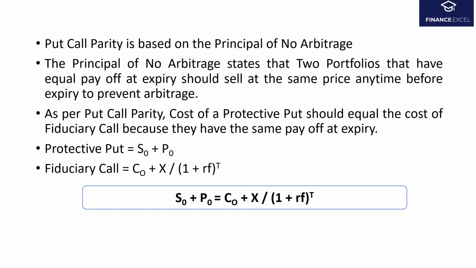Put call parity is based on the principle of no arbitrage. Before diving into the subject matter, we need to discuss what the principle of no arbitrage is. The principle of no arbitrage states that two portfolios that have the same payoff at expiry should sell at the same price anytime before expiry to prevent arbitrage.